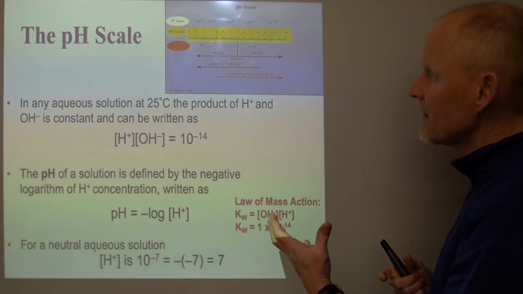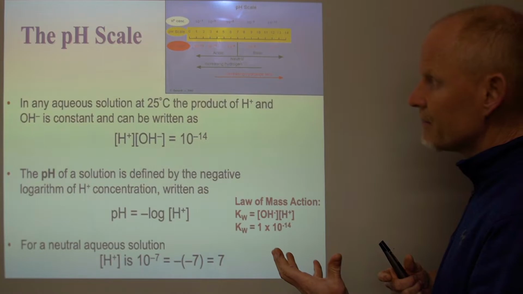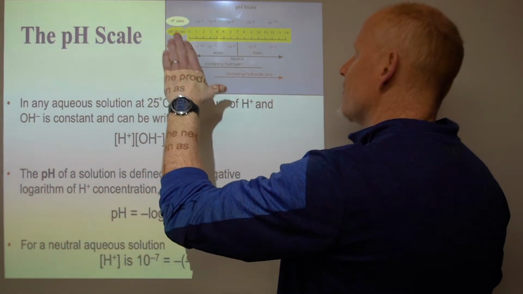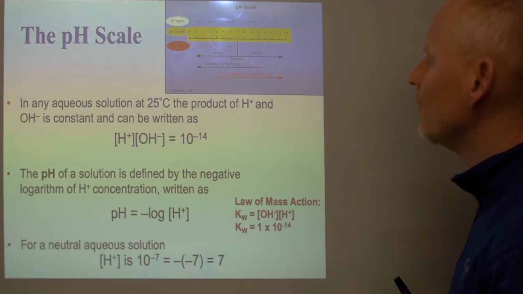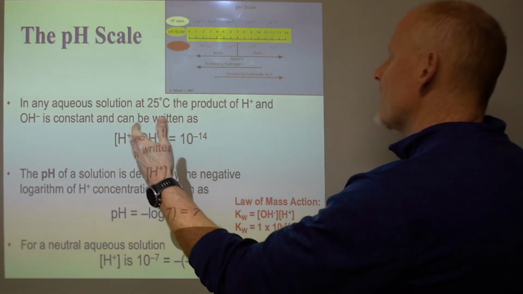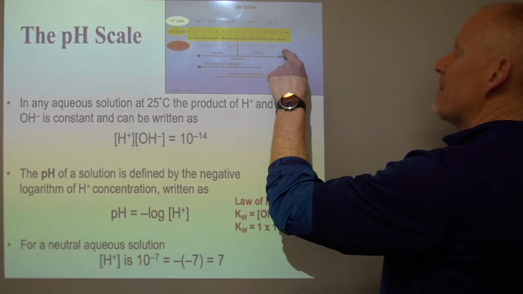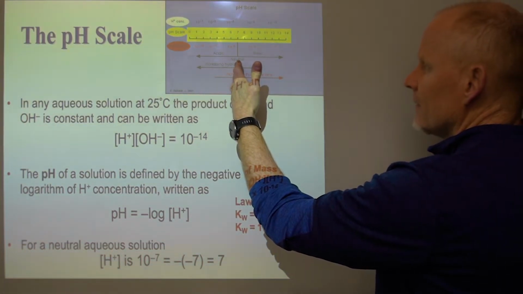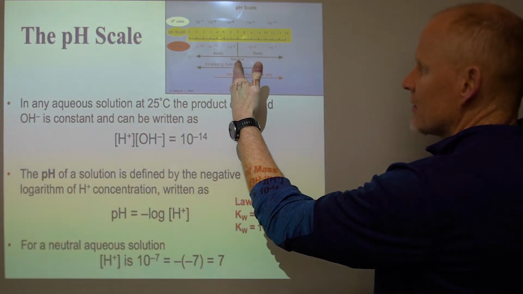If I increase the protons, then I have a lot more protons than hydroxide ions, and my pH is going to be below 7. It's going to be more acidic. If I add more hydroxide than protons, then my pH is going to go up and become more basic. So 7 is neutral. That's pure water, where you have equal numbers of protons and hydroxide ions.